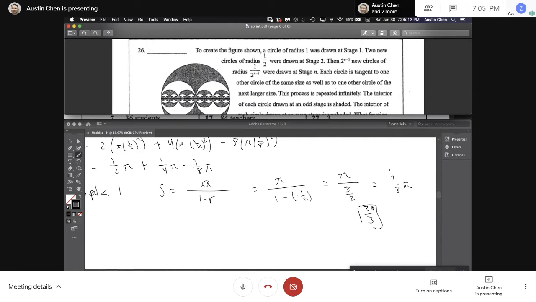So if you think of that pattern continued infinitely, you're basically just taking 1/4 out of every circle. So it'll become the sum of the geometric sequence 1/4, 1/16, and so on and so on. So you can also do it like that, I guess.